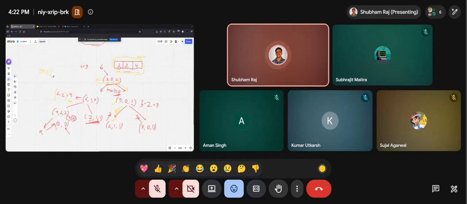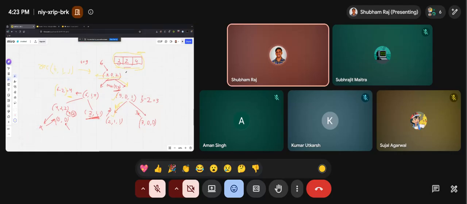So inside the recursive call, I am passing first total. T represents the total sum of all elements, right? And the second one is I for tracking the first element of the array, and the third one is J for tracking the last element of the array, right?